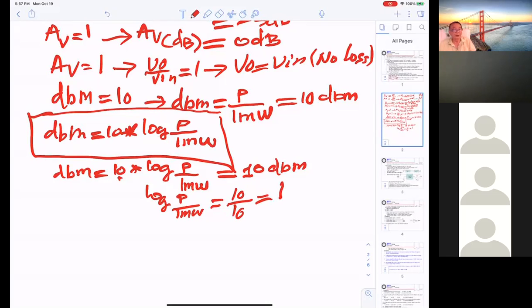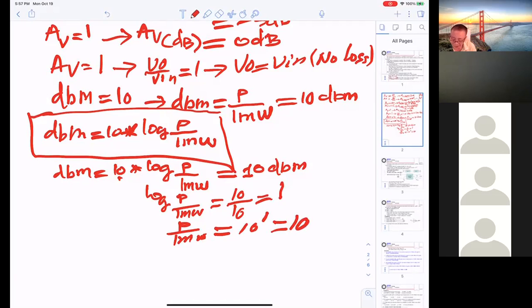So I want to remove the log, anti-log. Okay, I don't want log anymore. So you can get P over 1 milliwatt equal 10 to the power of 1, equal 10.